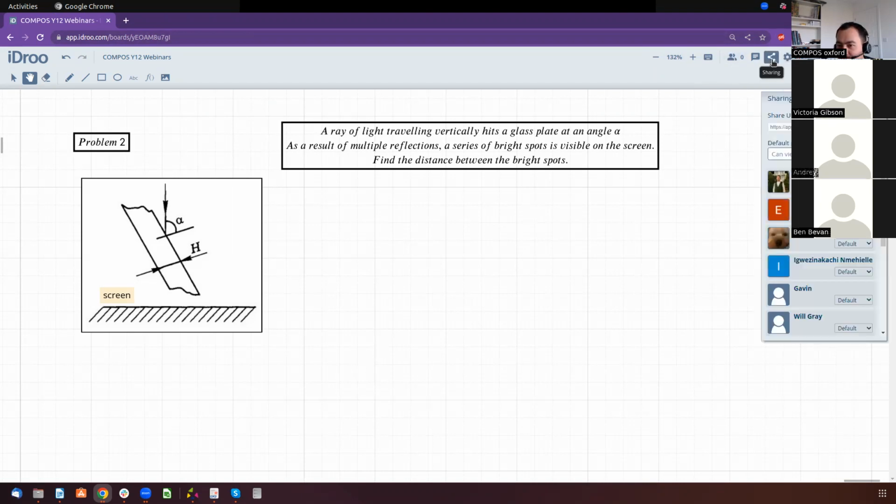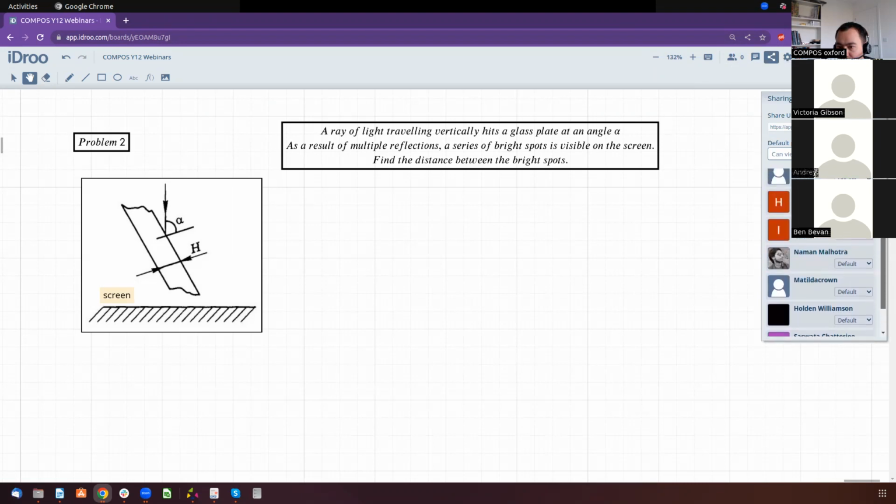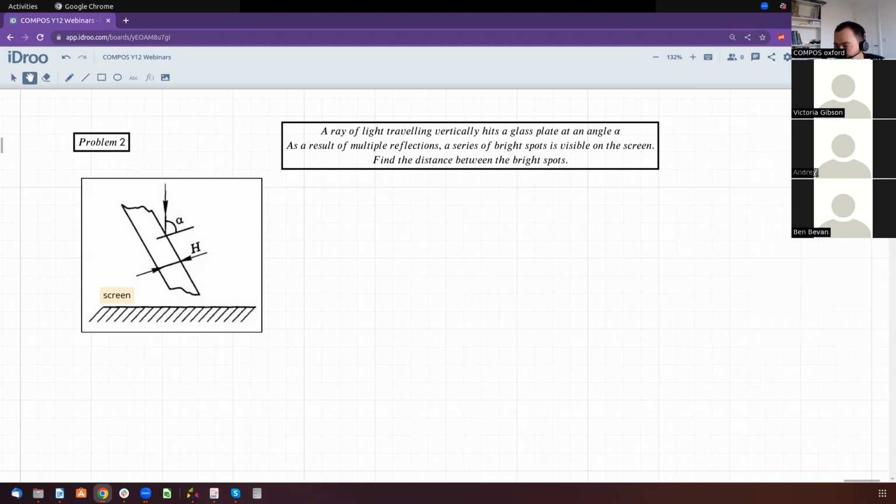I'm sure that's an easy one to do. Can somebody help me? So why do we see multiple spots? You need to trace the ray.